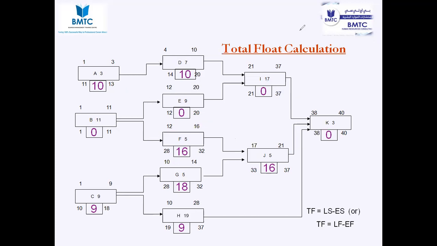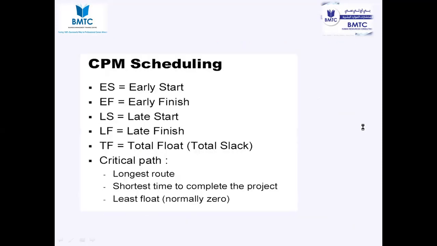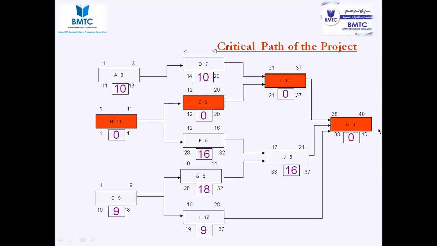Out of 5 paths, one path is critical. What are the activities? The path with 0 float is critical.